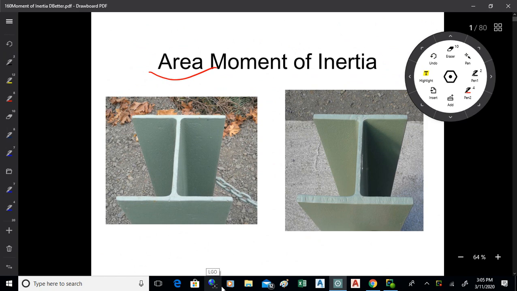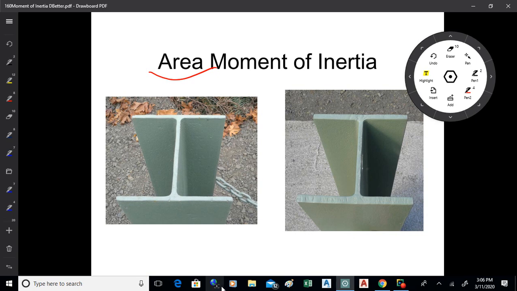So let's go over this moment of inertia stuff a bit, and then we'll finish that up. We started this a while back. So what you have there are a couple I shapes.